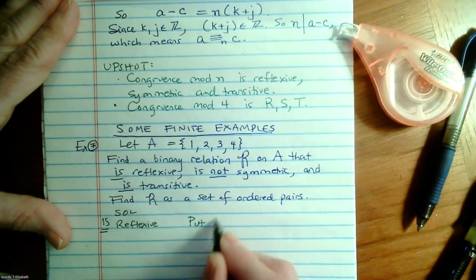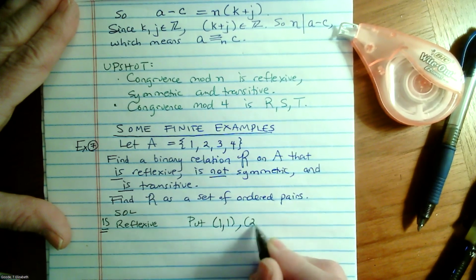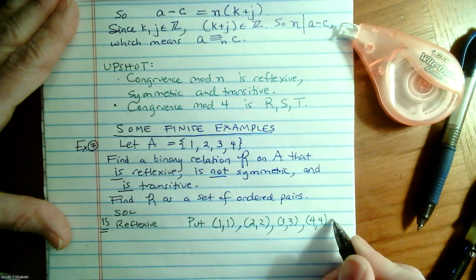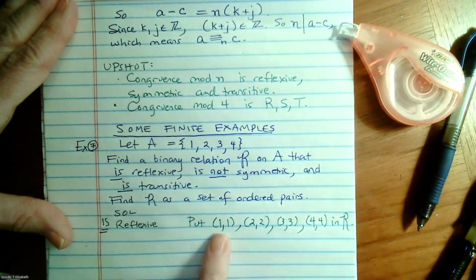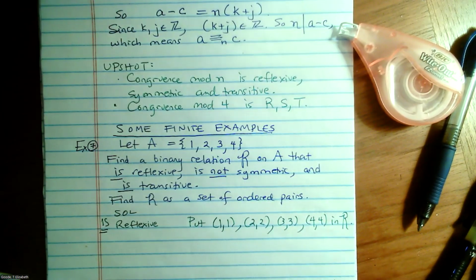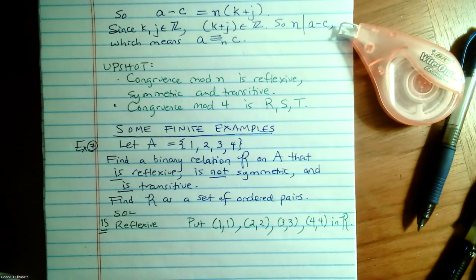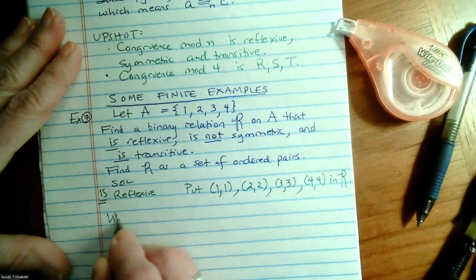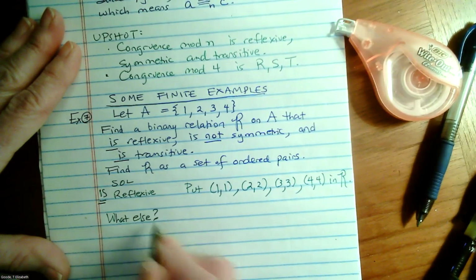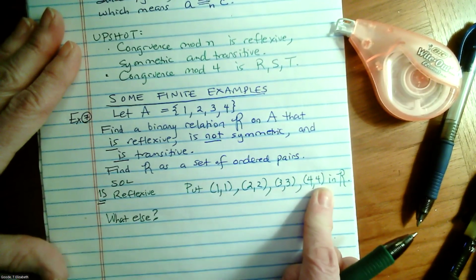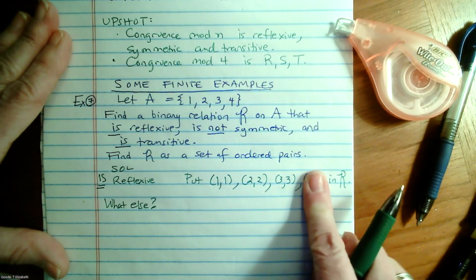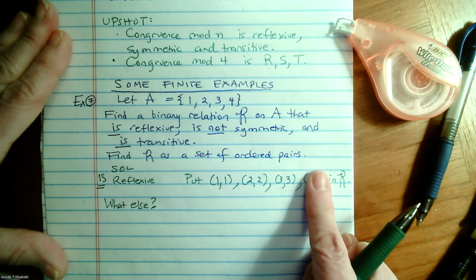So we have to put (1,1), (2,2), (3,3), and (4,4) in the curly R that we're building. We need all 4 of these for reflexivity to hold. So what else? So far, we've got these 4 elements. That gives us reflexivity. We can't even leave one out. If we leave out even one, we don't have reflexivity.